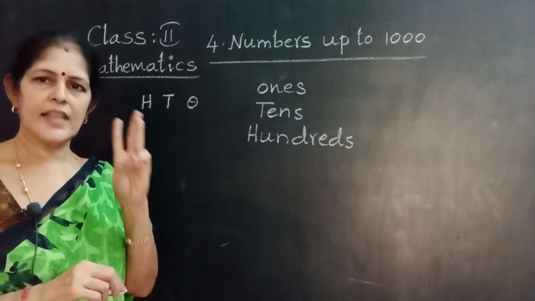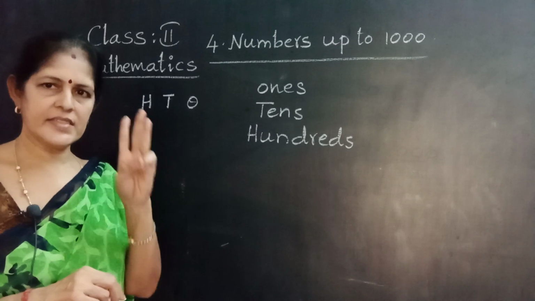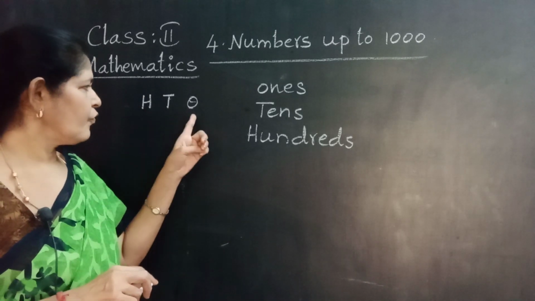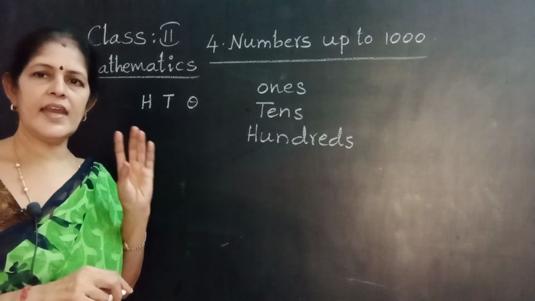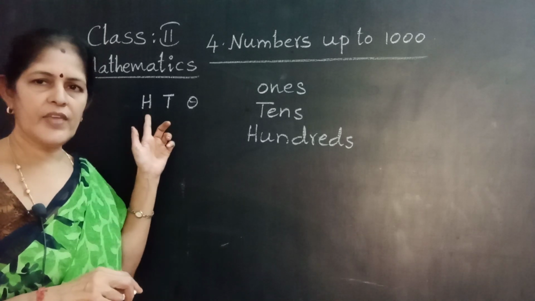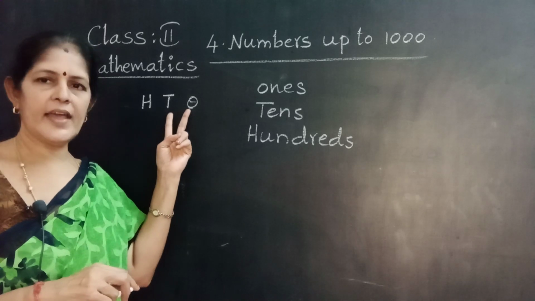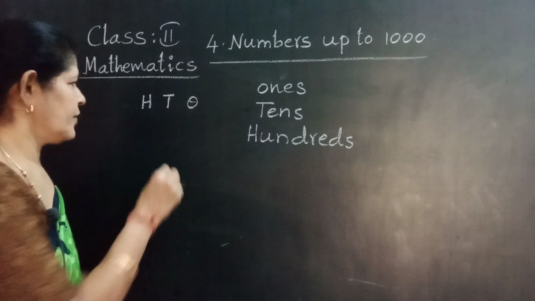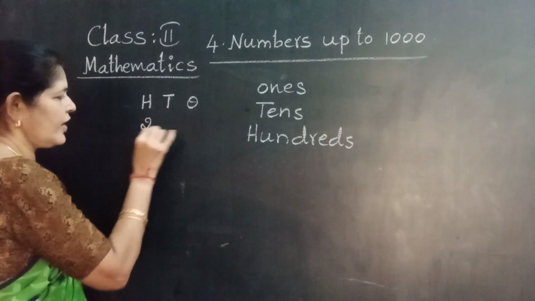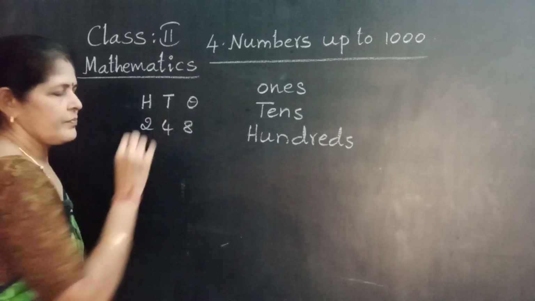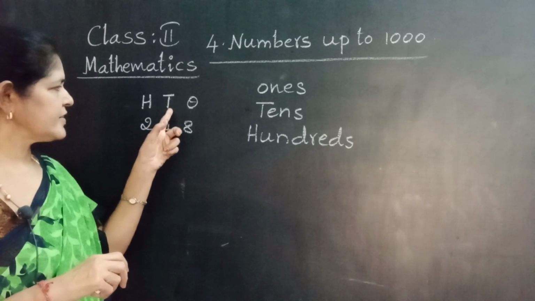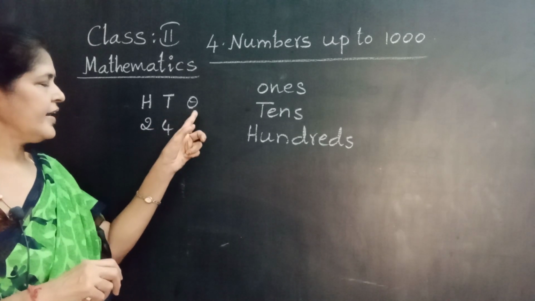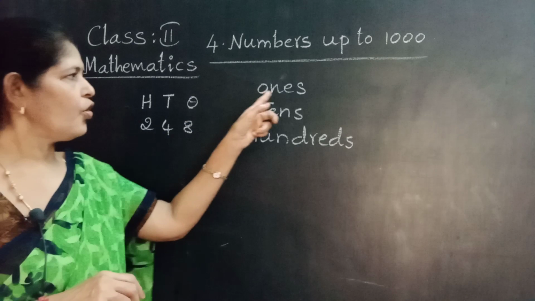Three-digit means the number having three places. Those are ones, tens, hundreds. We read a three-digit number starting with hundreds and read together tens and ones. Suppose the given number is this. 2 is in the hundreds place, 4 is in the tens place, 8 is in the ones place.